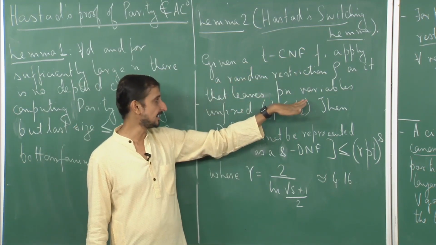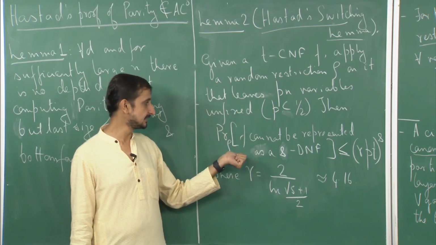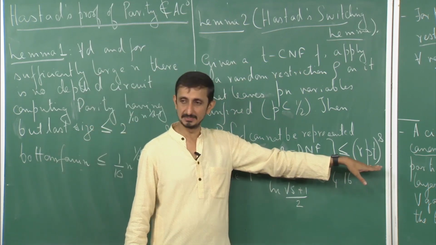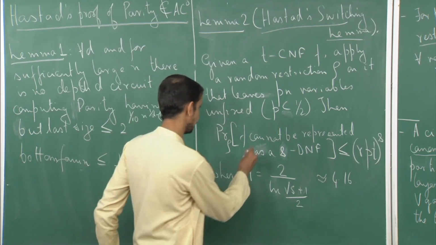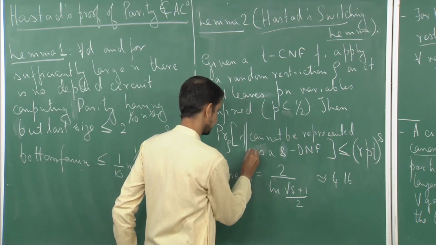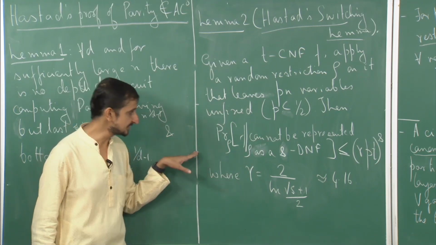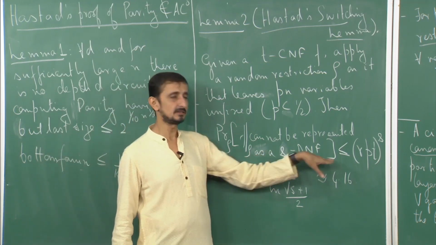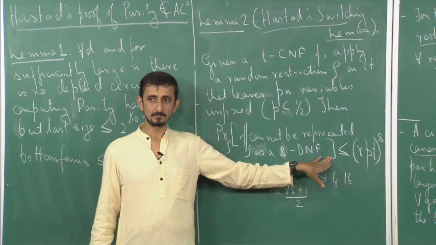I can apply random restriction, and what the switching lemma says is that with high probability, that is with probability 1 minus this, the restricted function, f restricted to rho, actually this is slightly wrong, this would be f restricted to rho over here, can also be represented as a 3 DNF with high probability.